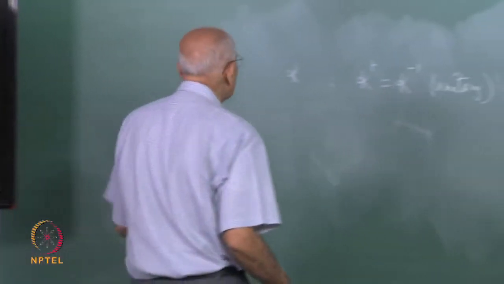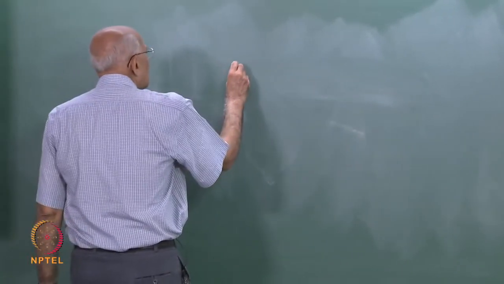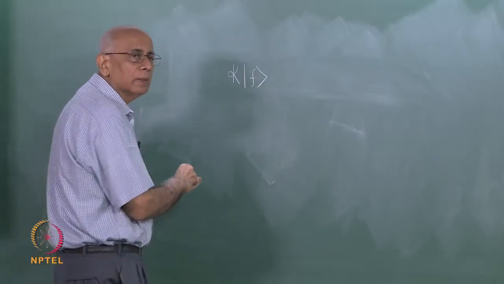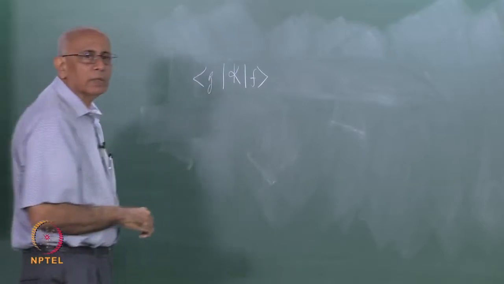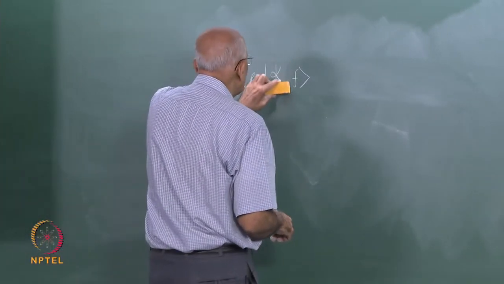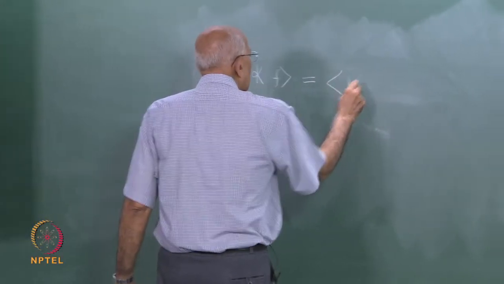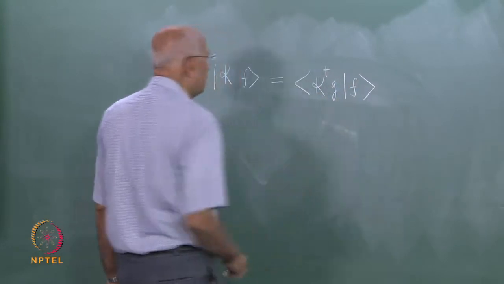Let us start again. How do you find the adjoint? Well, you take this k, act on any vector in the function space, and take the scalar product with some other vector in the function space. After you act on this, you identify k dagger by asking, is there an operator k dagger such that this is equal to that?